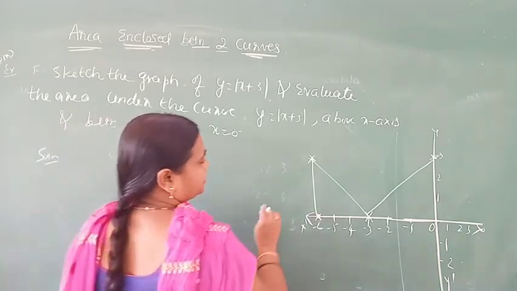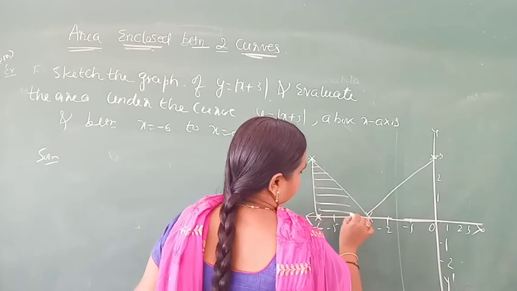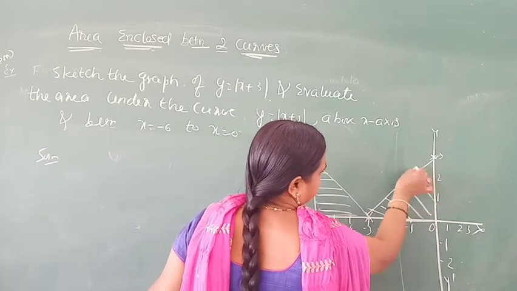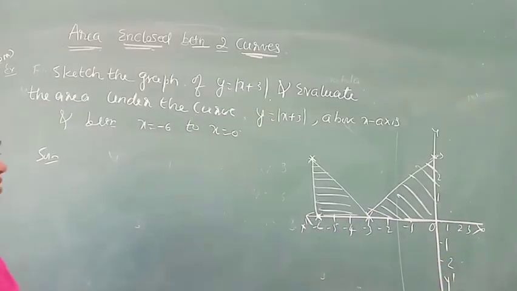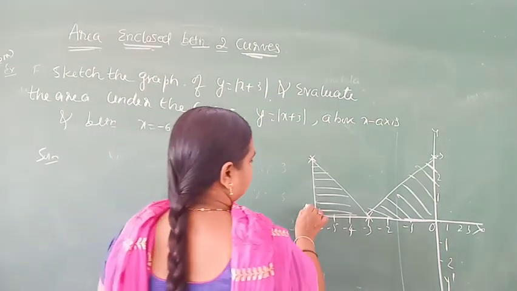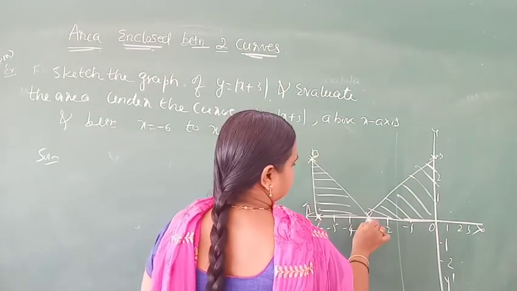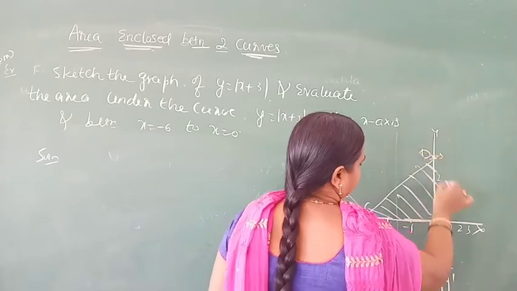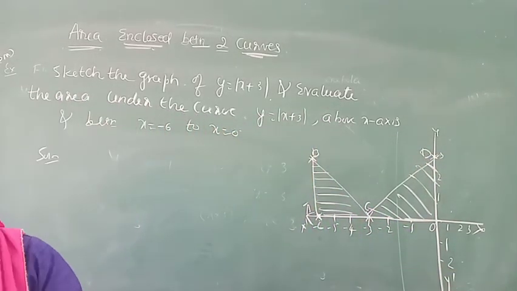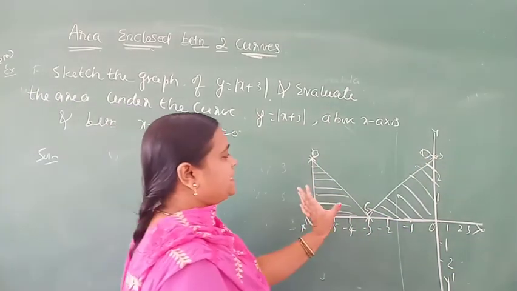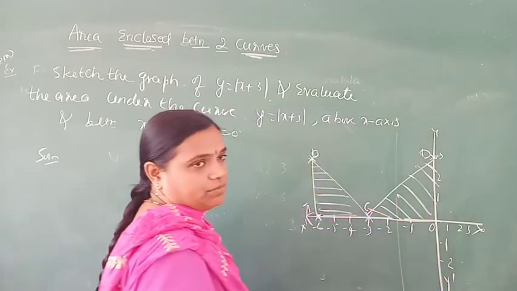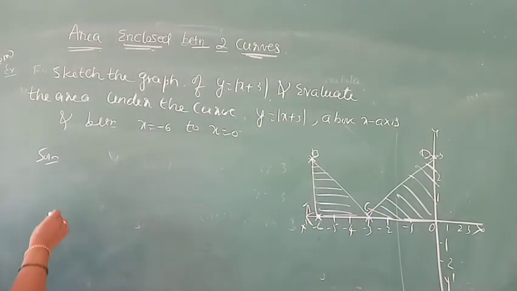And we have to calculate the area of this region. This is the rough sketch of the graph of the function. You can say that this is A, B, C, D, O. And see, this area and this area are similar. Next, calculate.